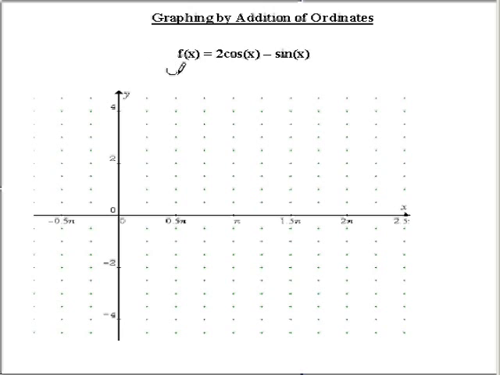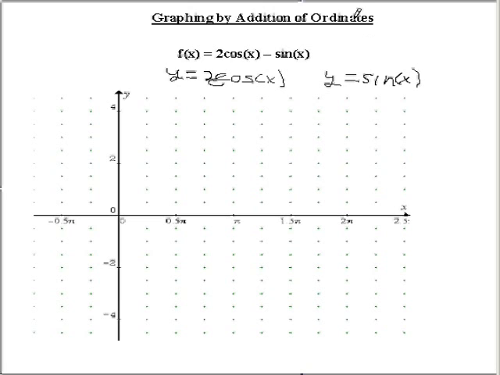So we can look at this as these two individual functions, and if we begin by graphing them individually on one set of axes, we'll be able then to do what's referred to as graph by addition of ordinates.